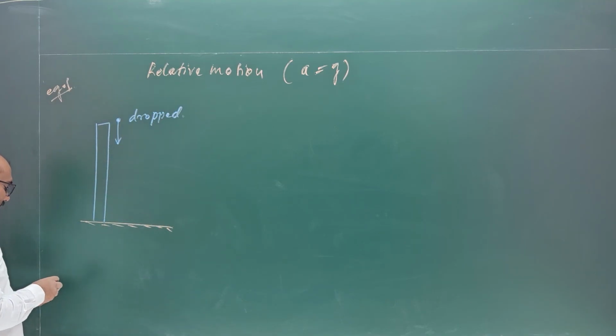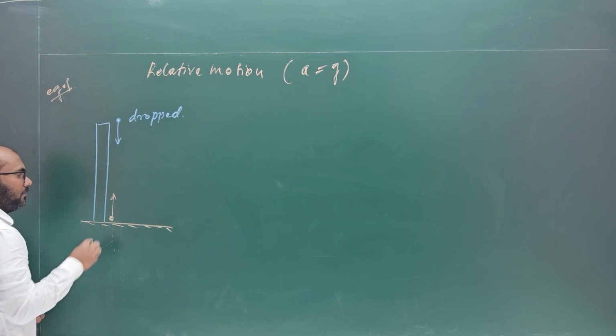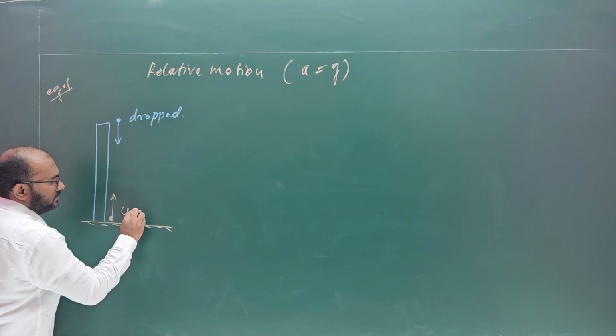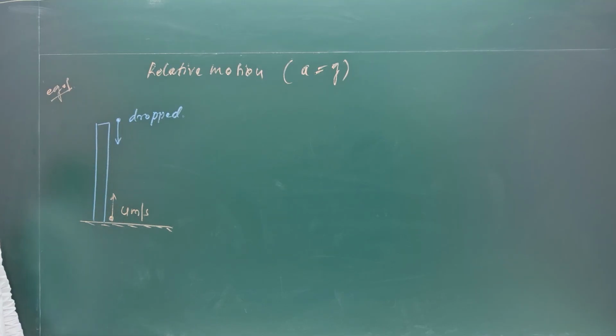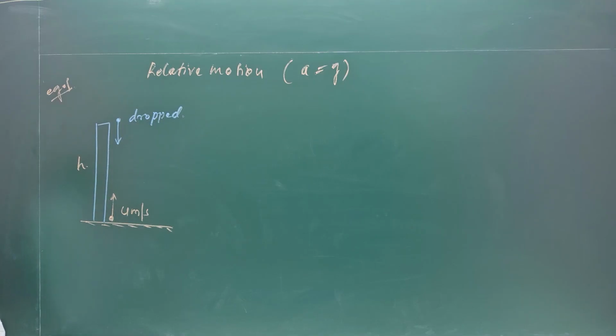And one more object is thrown in the upward direction with, let's say, initial velocity u meter per second. Given the height is h. Will they collide with each other? If yes, the question is when and where.